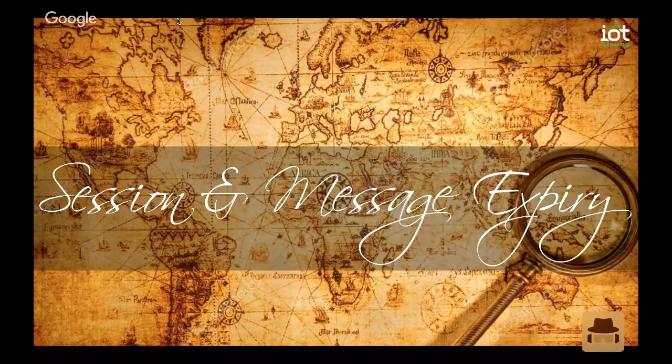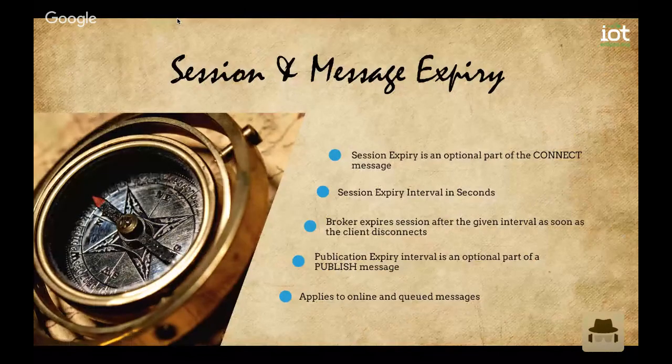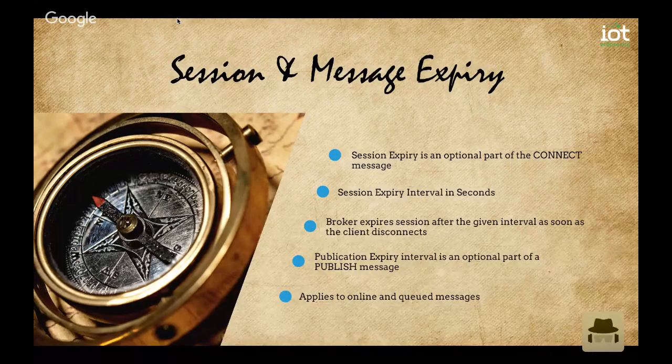So one of the, from my perspective, more interesting features of MQTT 5 is session and message expiry. So what are we talking about here? MQTT traditionally allows two kinds of sessions. We have a clean session, which is a session which ends when a client disconnects, so the broker does not need to remember anything about the client.